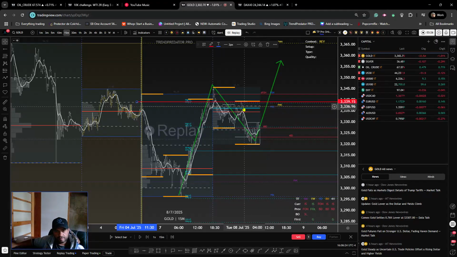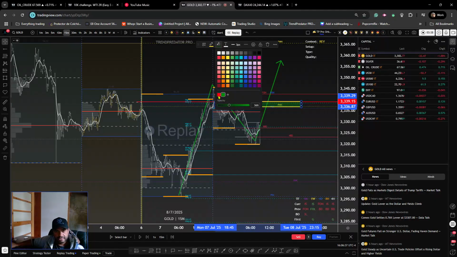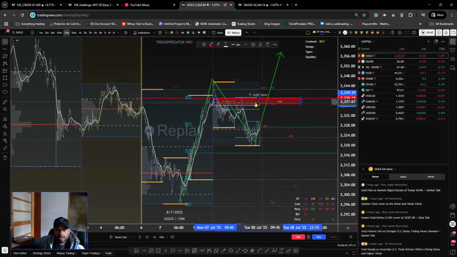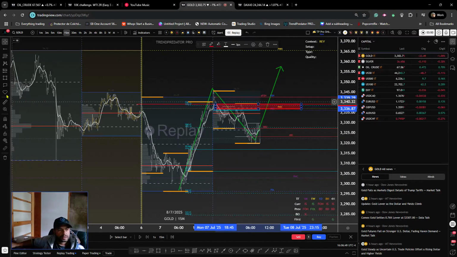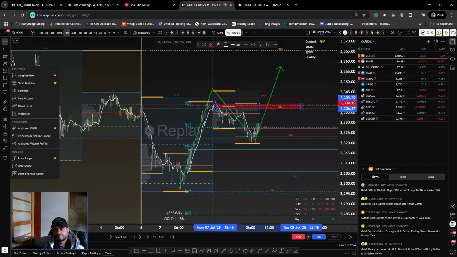Then you've got the risk of resistance at the closing price of Monday, combined with the value area high of Friday. So you want to start thinking about taking profits, exiting here. So you've got a day trade into that area of resistance. That would be one way to play that.